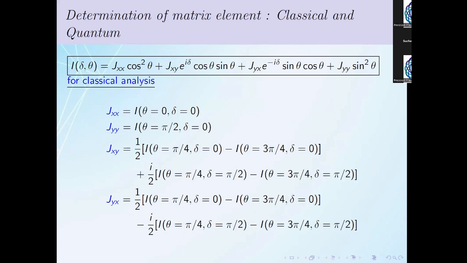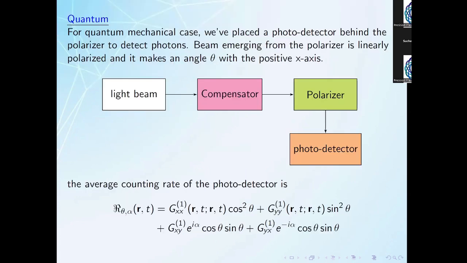The orthogonal components are basically complex conjugates of each other. If you don't consider the phase delays, then the complete matrix will not be Hermitian. Yes, that is the reason.